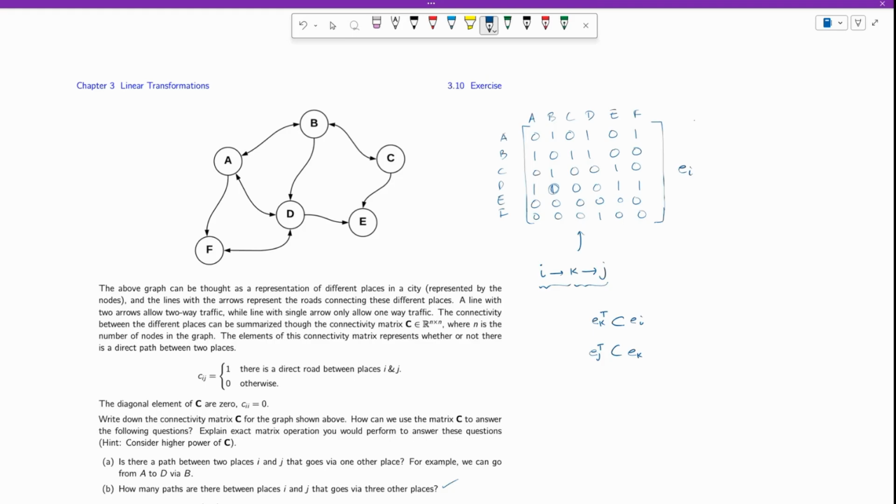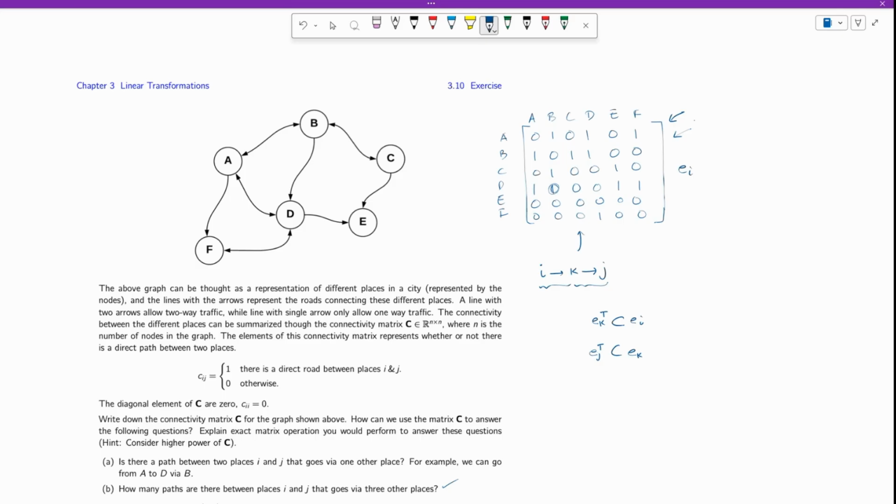The whole point is to find out algebraic operations that you can do on the matrix. Of course, if you have a graph that has a billion elements, you're not going to sit and trace all the billion elements. It's not a kindergarten class where you ask children to trace paths. You should do this using the matrix C.